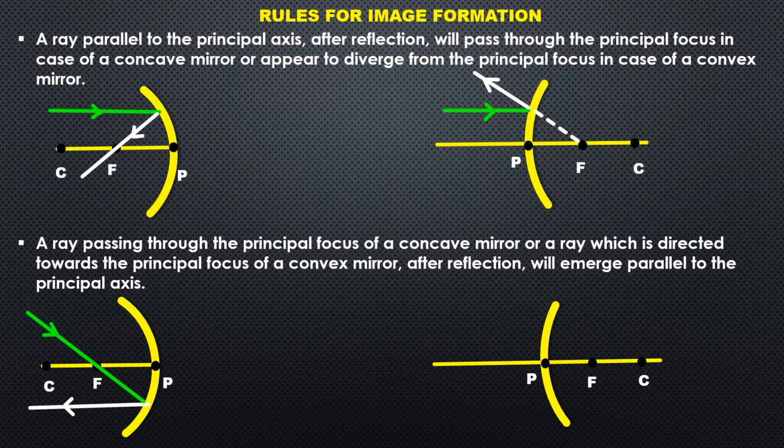Here the light ray cannot actually pass through the focus, but it is in the direction of the focus. So it will become parallel after reflection from the mirror.